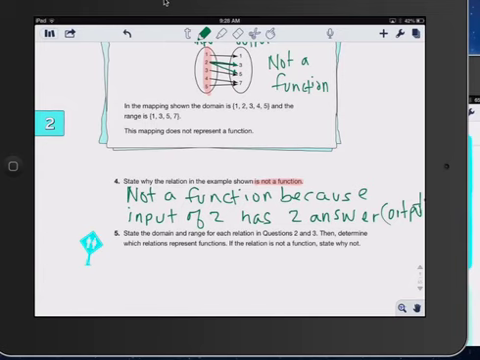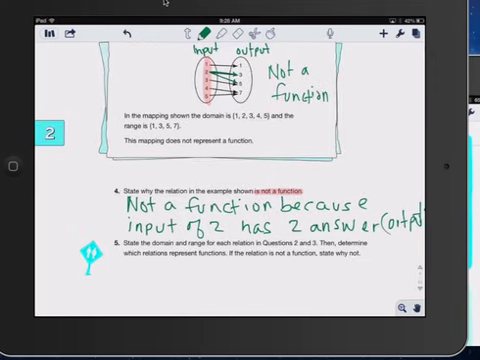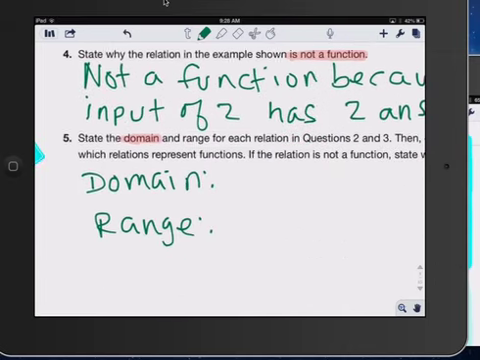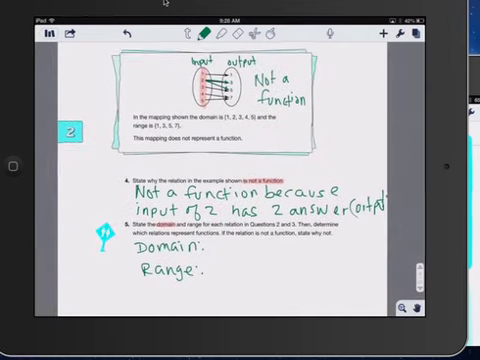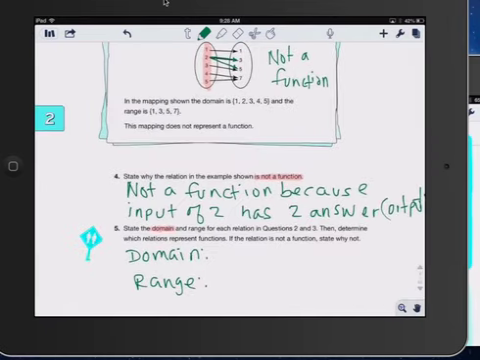Any questions? Okay, what is the domain? I want you to give me the domain, and then they want the range. What is the domain here, Tyler? Domain is what, input or output?